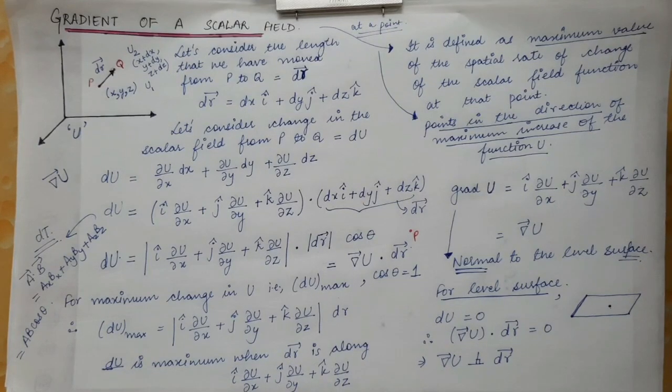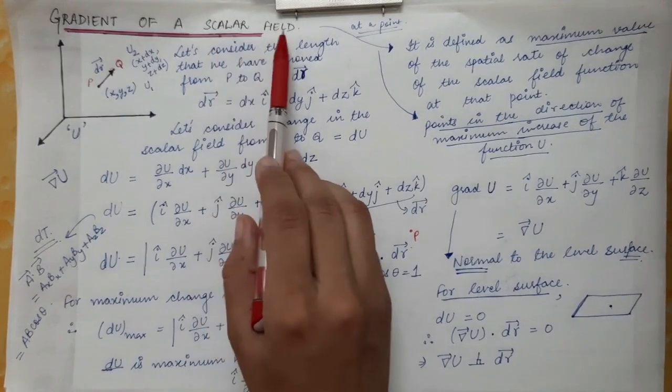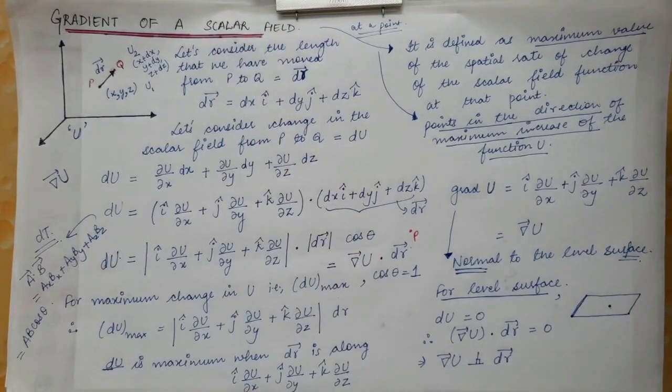So level surfaces are those surfaces over which the value of the scalar field remains constant. An example of a level surface is the equipotential surface, because potential is also a scalar quantity, and equipotential surfaces are those surfaces over which the potential remains constant.